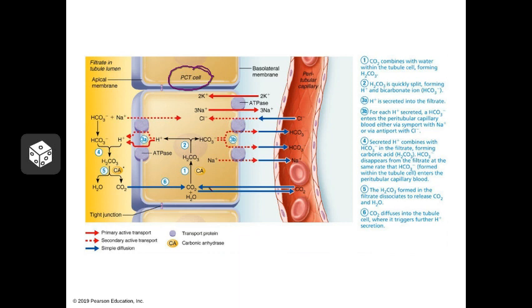The first step here is carbon dioxide that is picked up from the filtrate can combine with intracellular fluid water in the presence of carbonic anhydrase to form our carbonic acid. Now, I know it seems silly, but it has to happen. The next step is to dissociate that acid into a hydrogen ion and a bicarbonate ion.